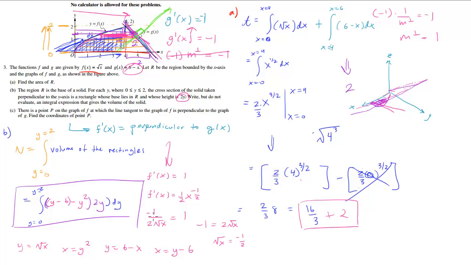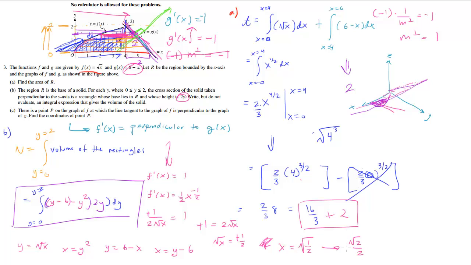Oh, there's no negative here, so that's on the exponent. This should be a positive. I was like, I don't think we have imaginary solutions. And that's going to happen when 1 equals 2 root x, when root x equals 1/2, and so x is going to equal 1/4.